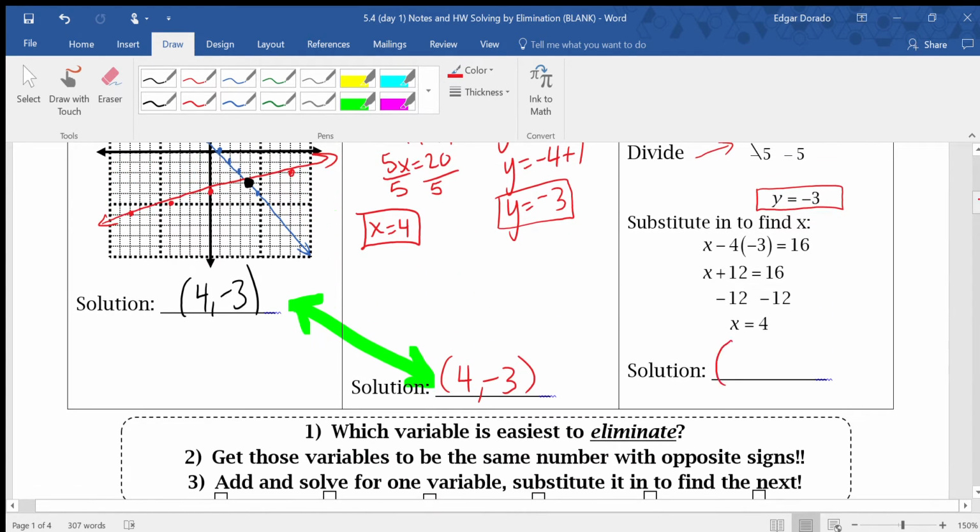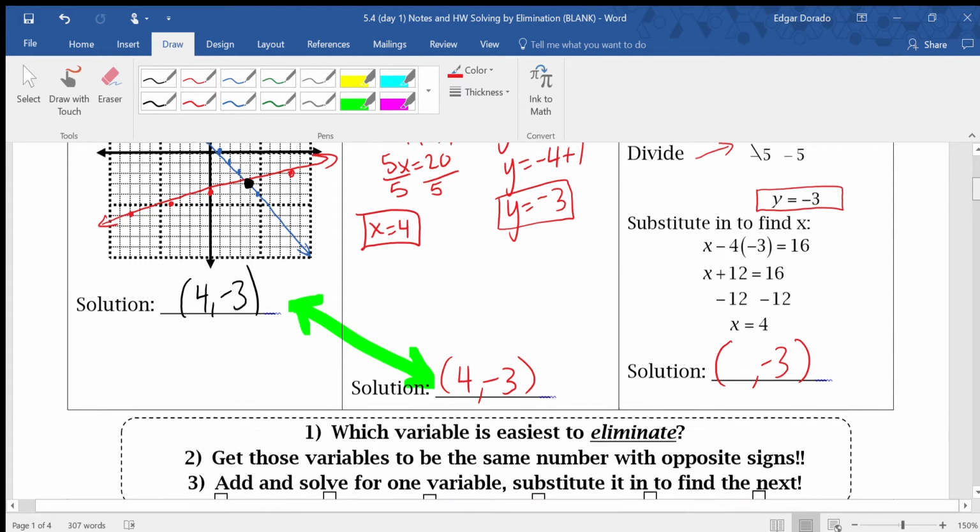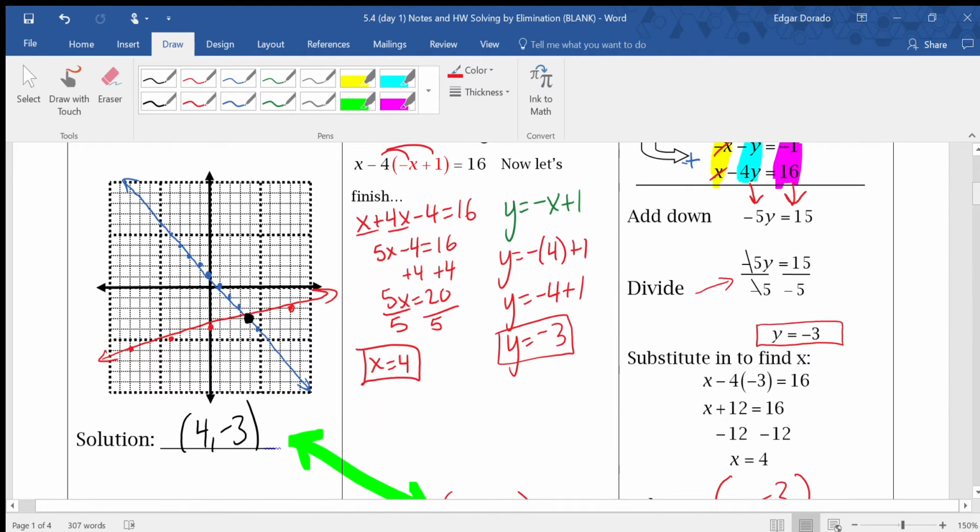So yet again, our solution has a y of negative 3. Just like we did with substitution, if I have one of the variables, I can now substitute it back into the equation, which is exactly what I'm doing on this step here.